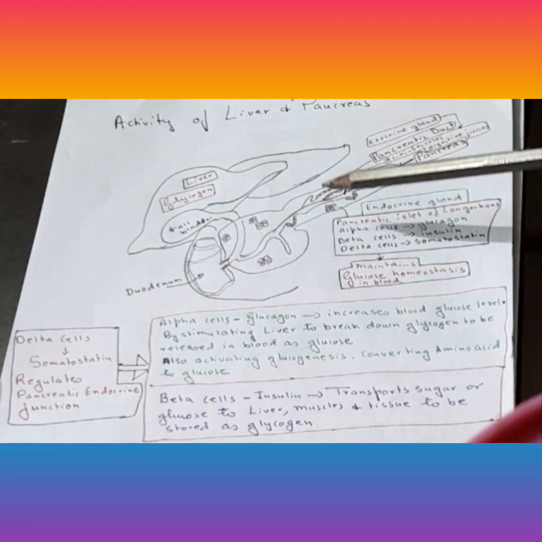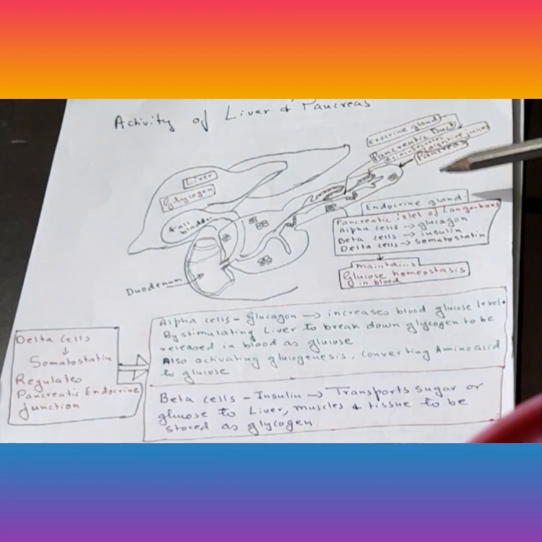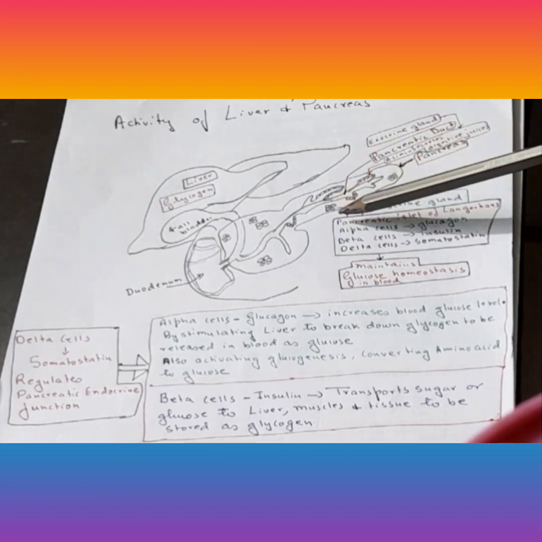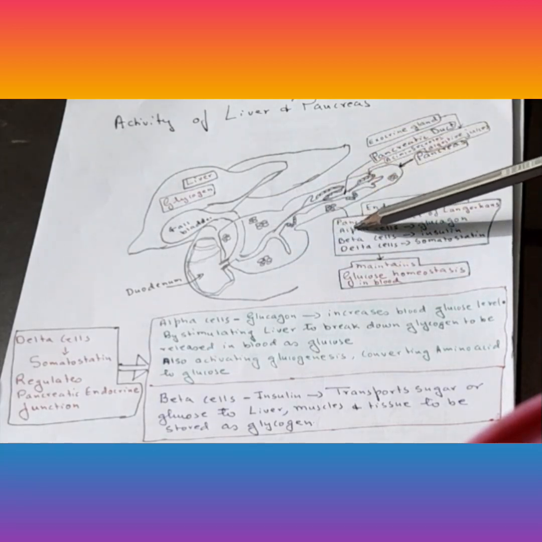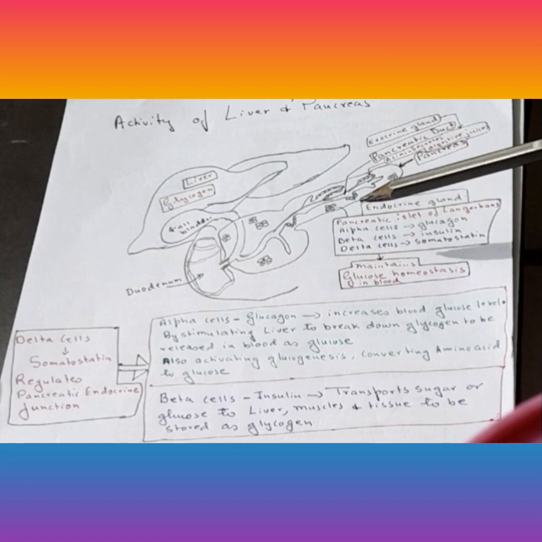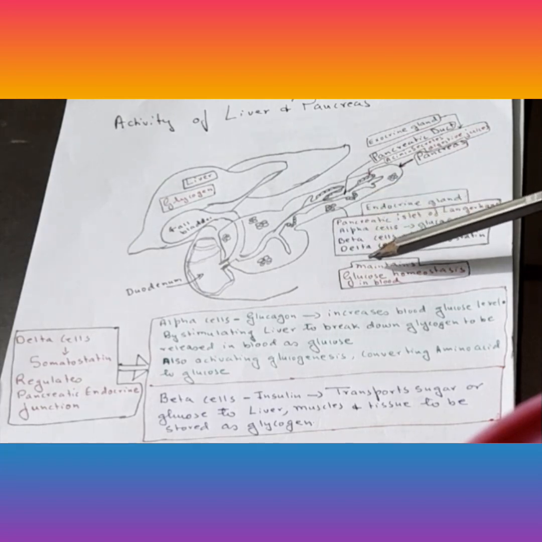So for glucose, endocrine glands are involved, the pancreatic islets of Langerhans. Islets of Langerhans have alpha cells, which give out glucagon, beta cells, which give out insulin, and delta cells, which give somatostatin. These are all there to maintain glucose homeostasis, to maintain the glucose level in blood.